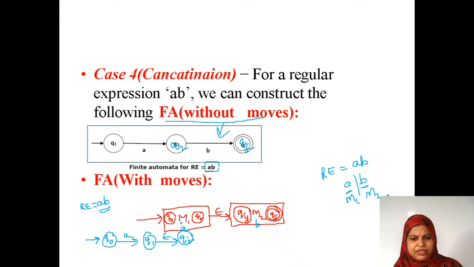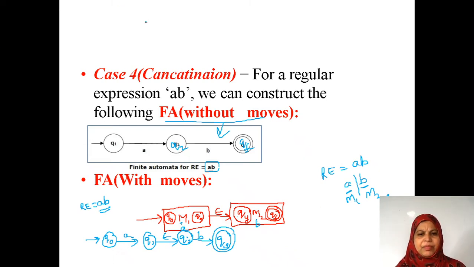Instead of QY I am writing Q2. Then M2, that is B, then Q3. This is my finite automata with epsilon moves. First M1 represents A, then Q1, then epsilon, then Q2, then Q3.